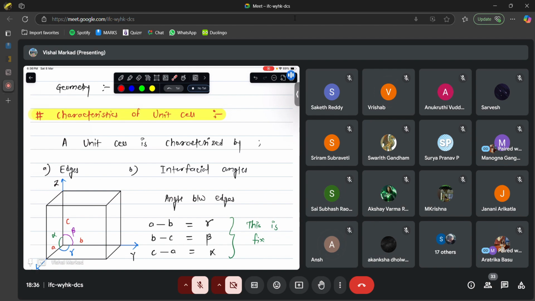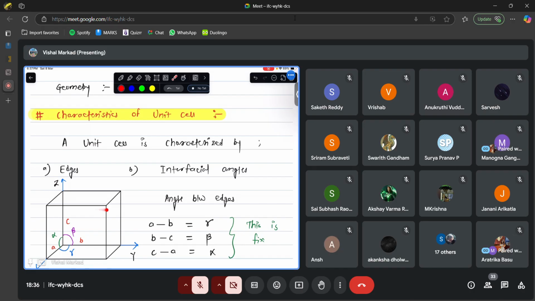One is the top side, one is the bottom, right side, left side, and your front side and back side. So in a cube, how many faces are present? Six.